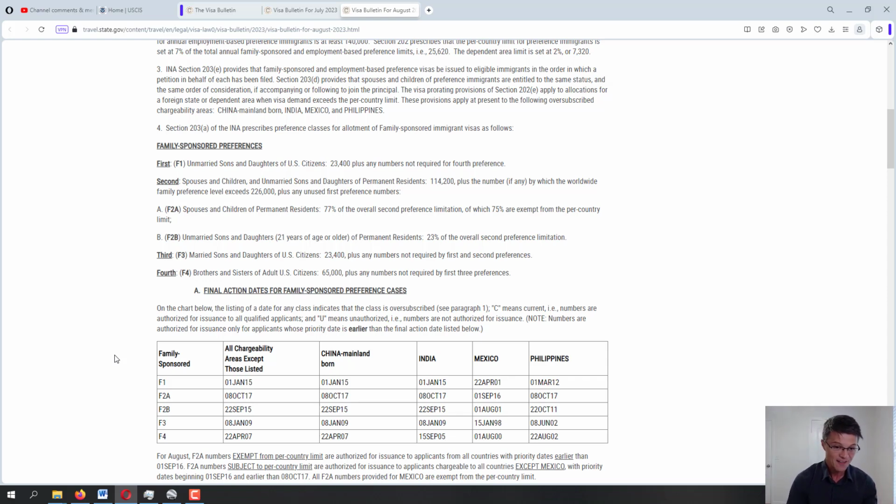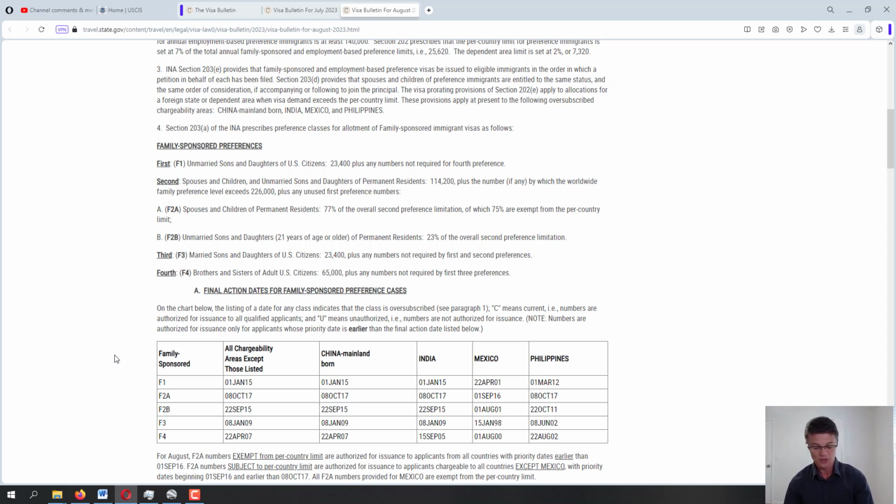F2A is spouses and children under 21 of permanent residents, and F2B is unmarried sons and daughters over 21 of permanent residents. Now the third preference category is married sons and daughters of US citizens, and then the fourth preference category is brothers and sisters of adult US citizens.